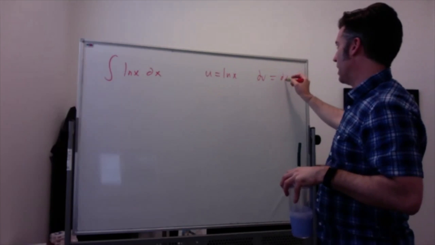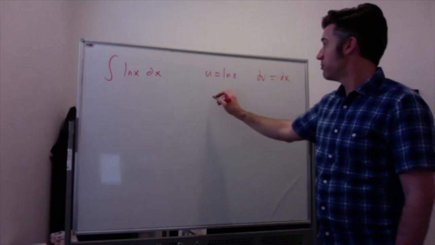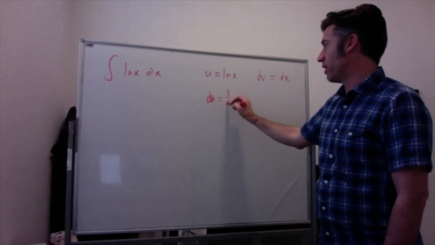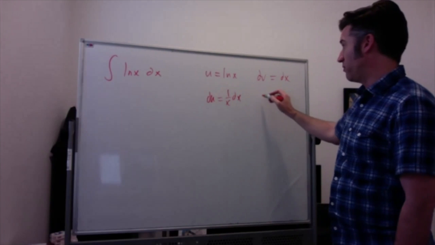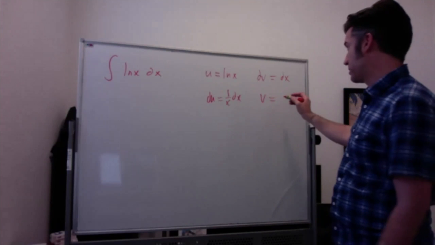All right, 1 dx. I'm just going to write dx, but yeah, 1 dx. Derivative, du is 1 over x dx. Antiderivative, which is maybe why you want to write 1. The antiderivative of 1 is just x.